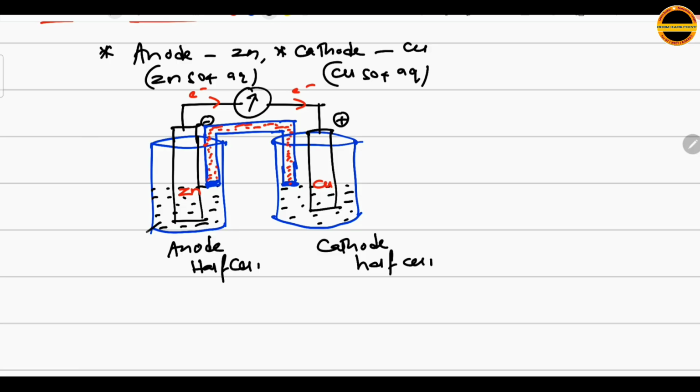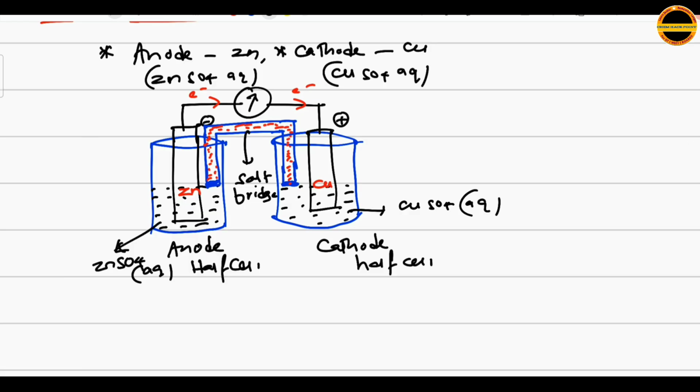In the first beaker there is zinc sulfate aqueous solution, and along with the copper rod, copper sulfate aqueous solution is present. It is the overall representation. Externally the circuit is completed by external wire. Internally it is connected by salt bridge. We will see now the functions of salt bridge, how it works. Inside the salt bridge we fill electrolyte, and we will see how it is filled.